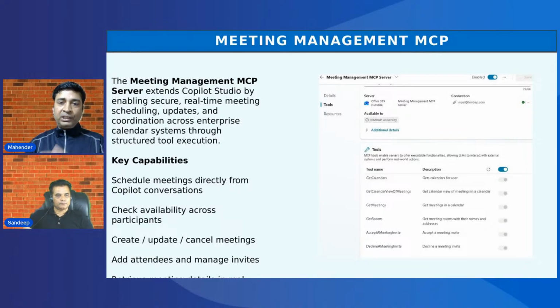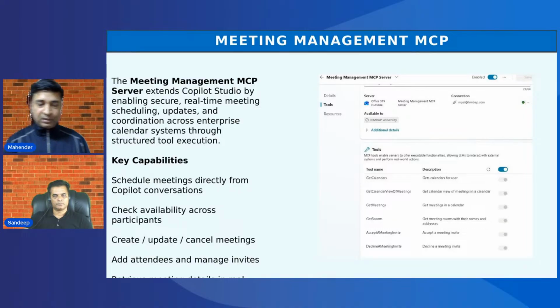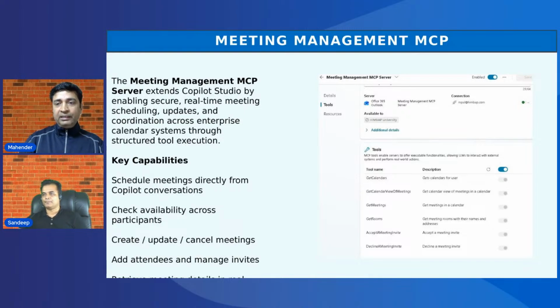So we want to set up a follow-up meeting with the sender, and that's where this meeting management MCP server comes into the picture. We can use it for scheduling our meeting.